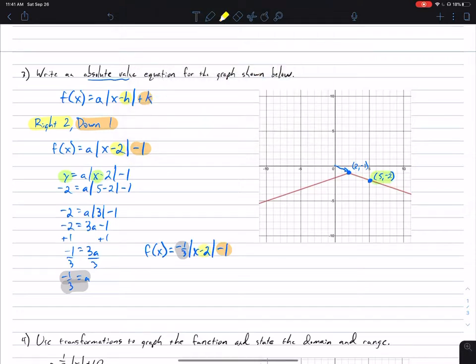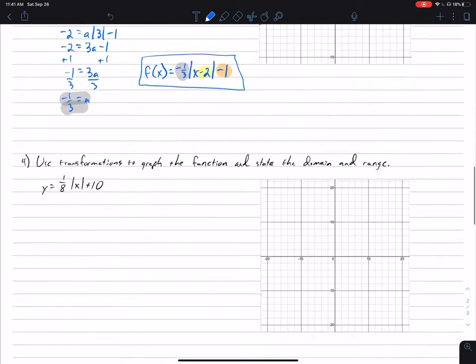The negative in the -1/3 shows a reflection, that's good. The 1/3 means it was compressed, which this graph does look. And the -2 and the -1 tell me right 2 down 1, which is where my vertex is relative to the origin. So probably in good shape with that one.